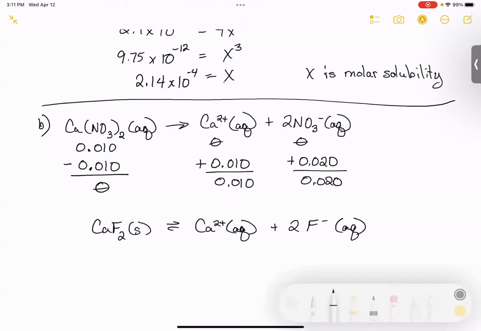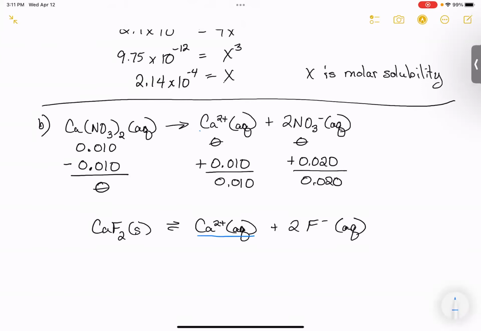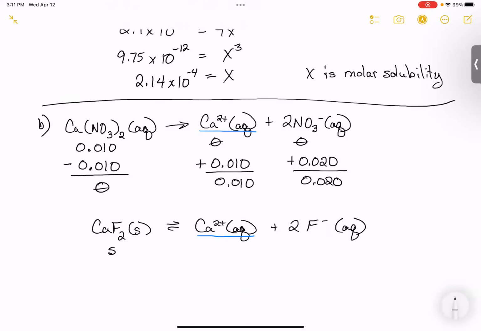In other words, we have the ion calcium in common. So while we do still start out with solid calcium fluoride, instead of starting out with no calcium, we now are starting out with 0.010 of our calcium and none of our fluoride.